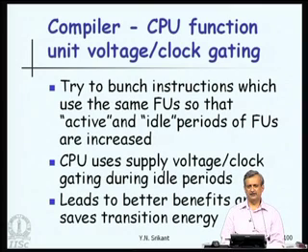Suppose the ALU instructions which are executed after idle periods, 2 consecutive idle periods, are not dependent on each other. So, in such a case, we can actually push these ALU instructions together, so that the function unit which was busy in executing 1 or 2 instructions now continues to execute the next bunch of instructions also, because there was no dependency.